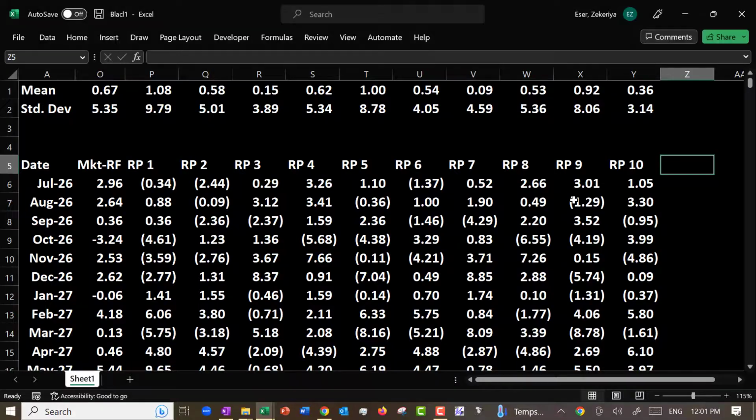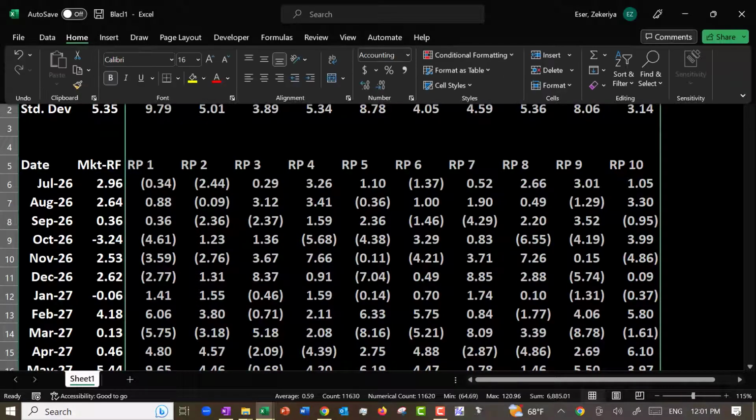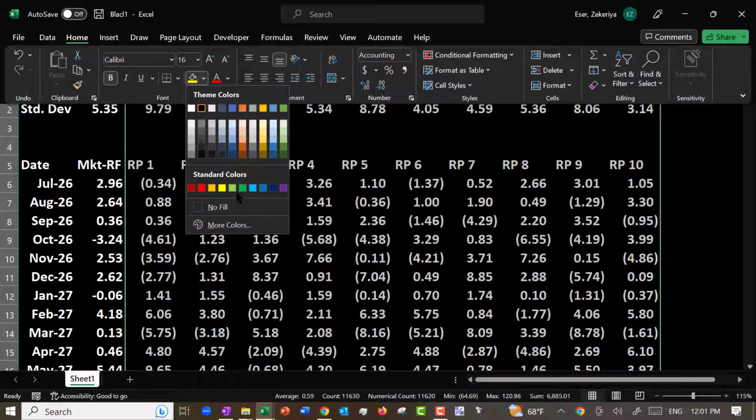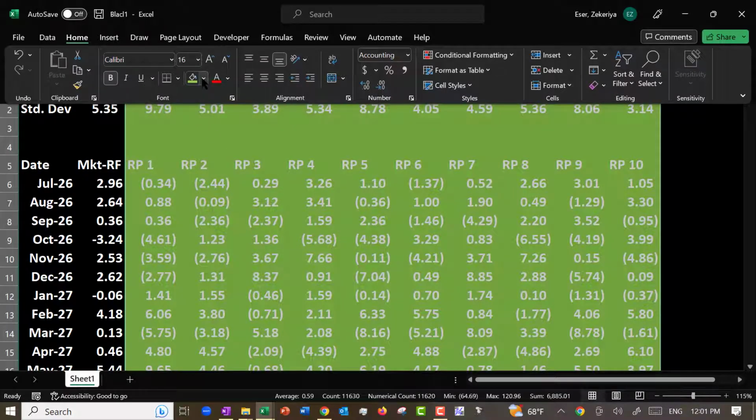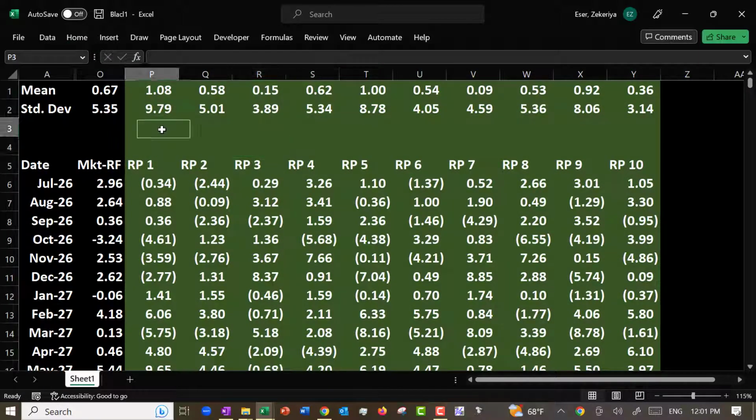And remember, in this case, these are the risk premiums. So I'm going to color this, no, that's still dark green, okay. This means the smallest 10% of the stocks performed about 1.1% per month above the risk-free rate, and the largest only 0.36, okay?